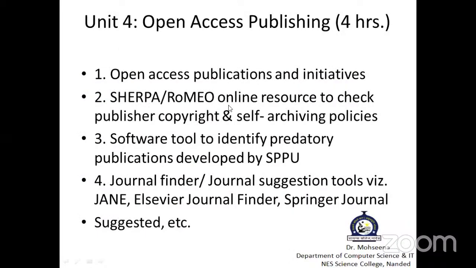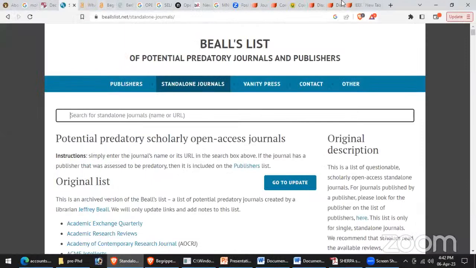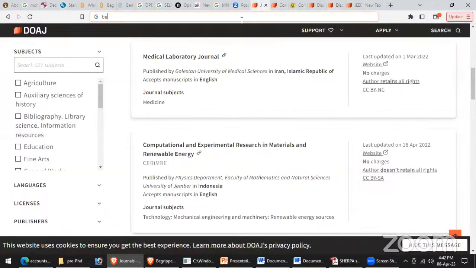These are the 2 online resources where you can check your publishers' copyrights and self-archiving policies. As I have said, self-archiving policies.